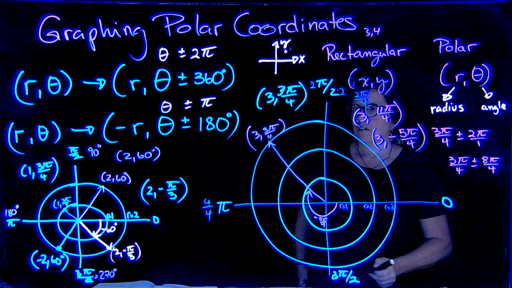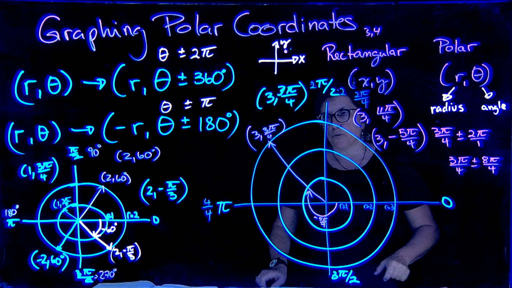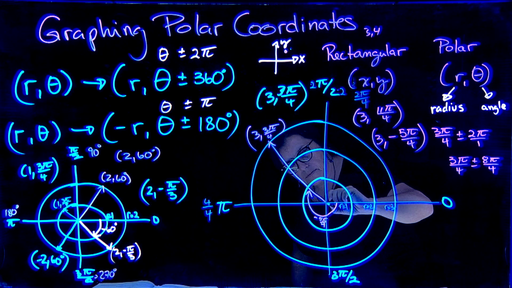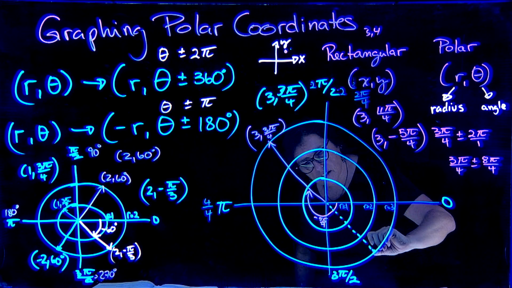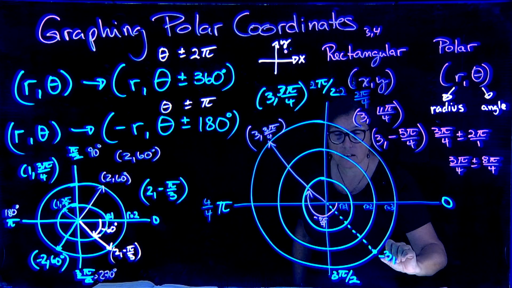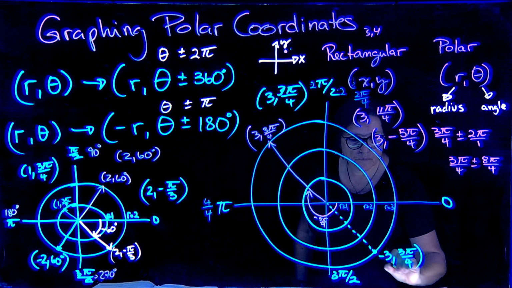Okay, now let me plot the point where I go in the opposite direction. So let me just make it a dashed line here. That point is negative 3, 3 pi over 4.